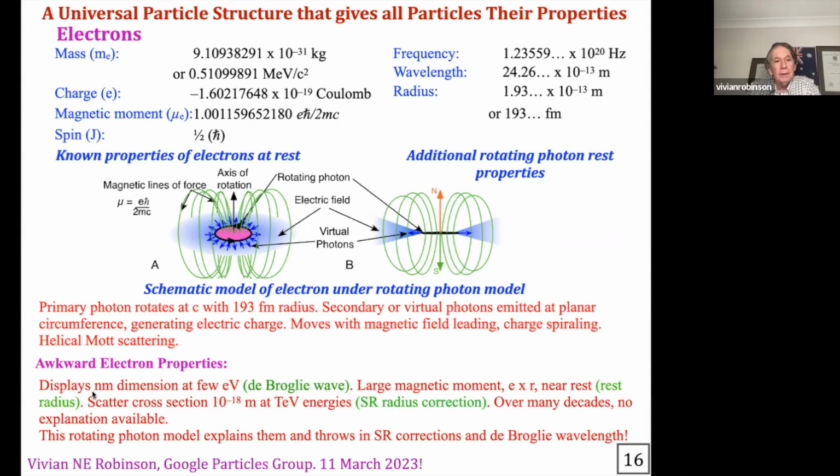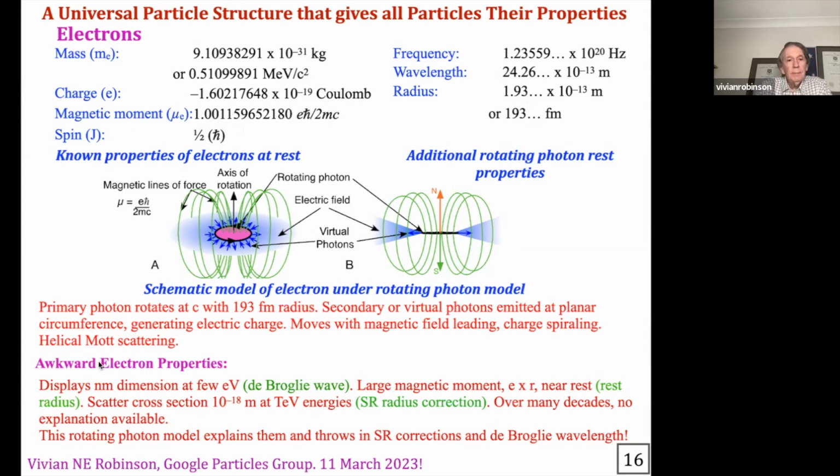The first, of course, is that they display nanometer dimensions at a few eV. As shown earlier, this is just the de Broglie wavelength. Near rest mass, it's been known from other particles that magnetic moment is charge times radius. Its high eh over 2mc suggests its radius is somewhere around this value.